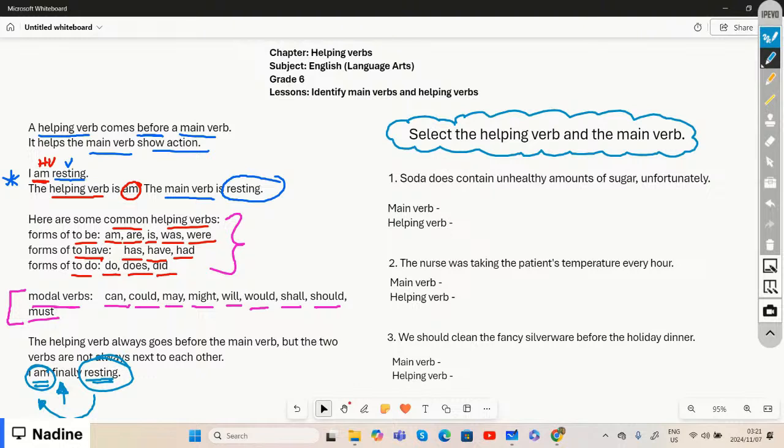And if we were to select the main verb within that sentence, then our main verb will be contain.